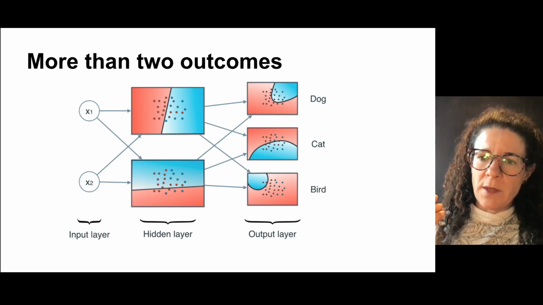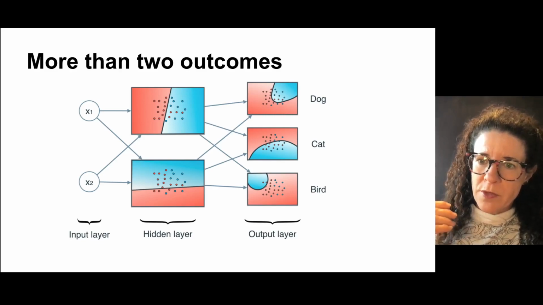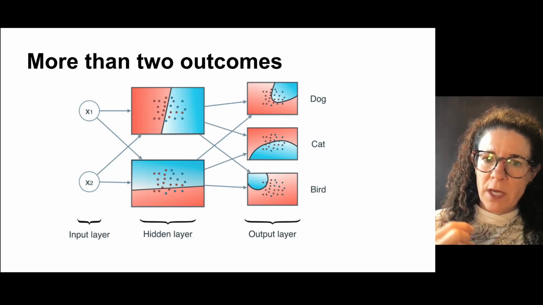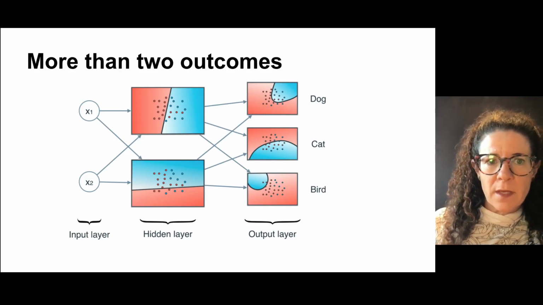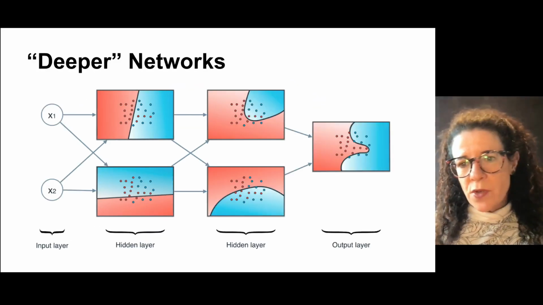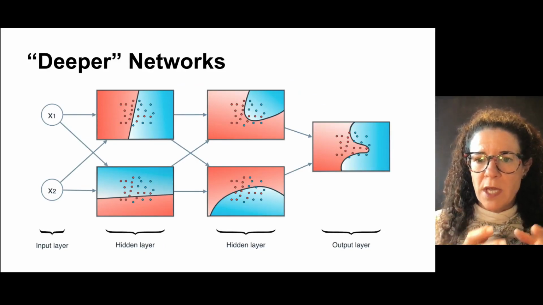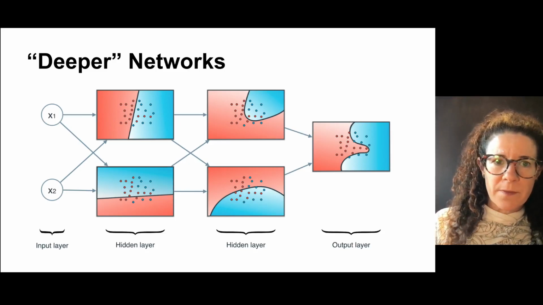But when we have a multi-class classification problem, for example, in which we want 3 or more classes, then we're going to have multiple neurons in the output layer, like in this case for bird, cat, and dog. We can also have deeper networks. So instead of just having one hidden layer, we can have multiple hidden layers.